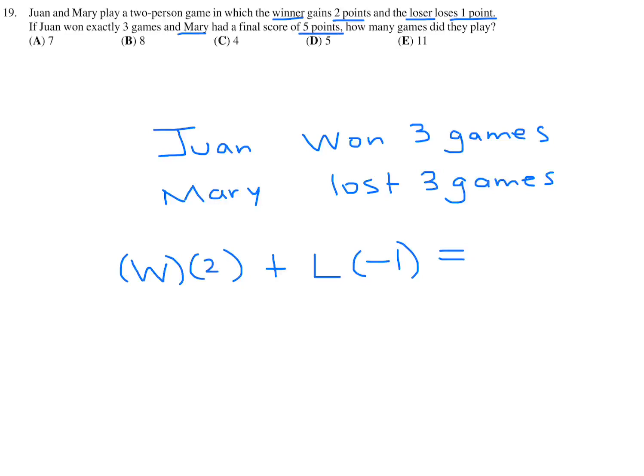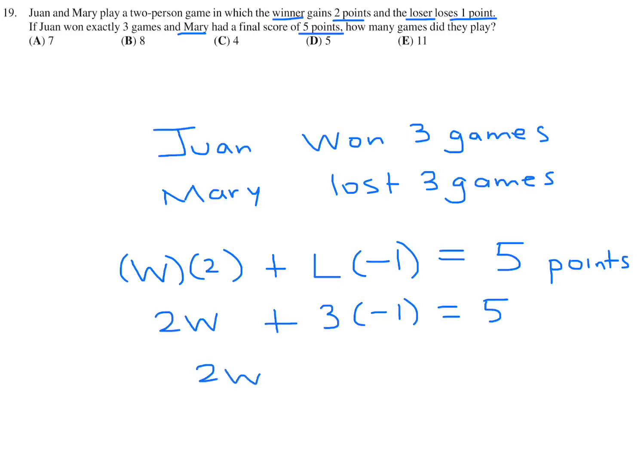And they told you that Mary had a final score of 5 points. So let's see if this helps us. Well, Mary had 3 losses. So the L here is 3, and this is just 2W, and this is 5.